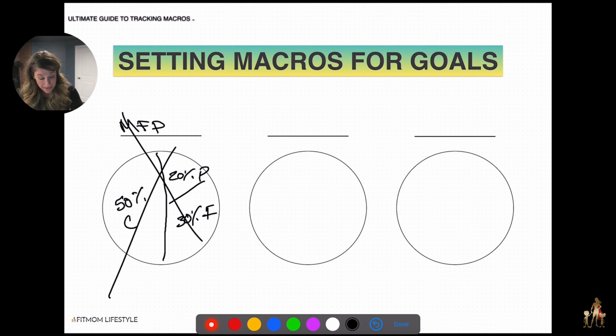So an athlete, though, may want more carbohydrates. And so then we have to decide, where do we pull from? Maybe I pull my protein down slightly because I don't want those fats to fall below 45. And then I give myself a little bit more carbohydrates.